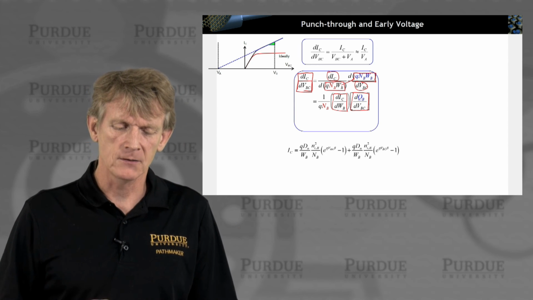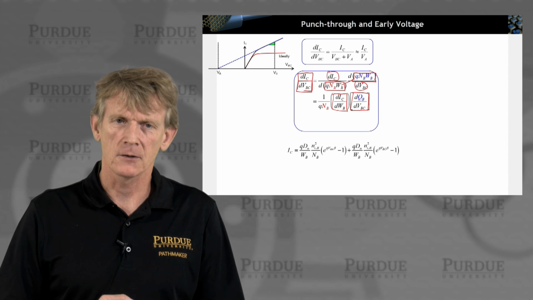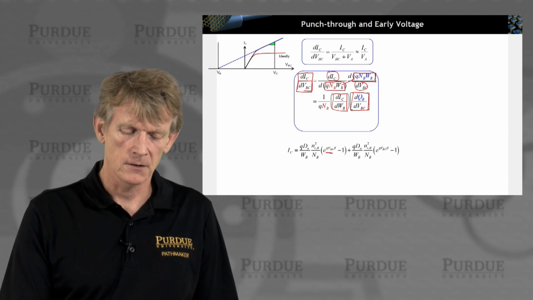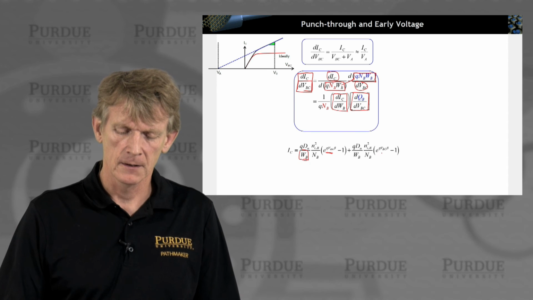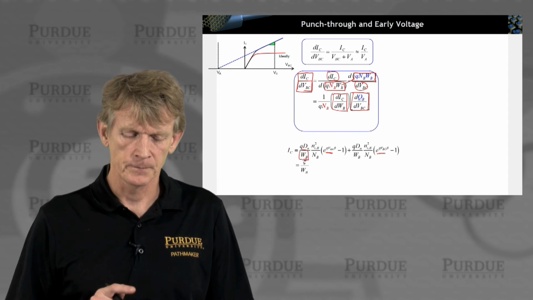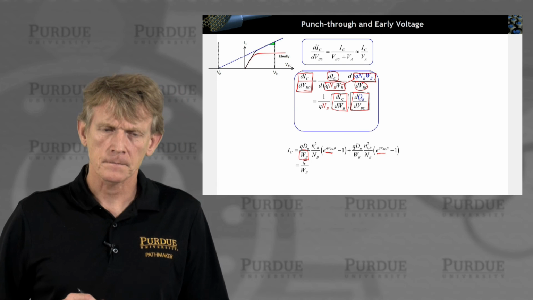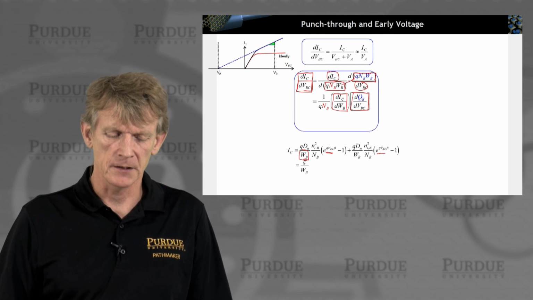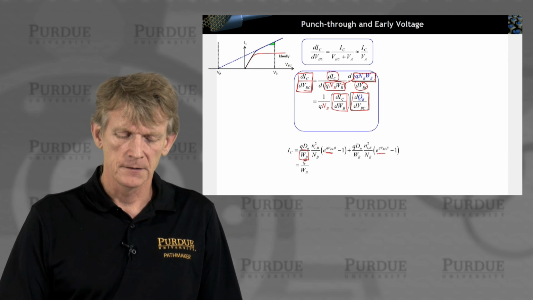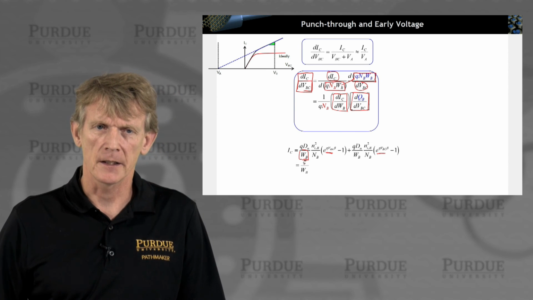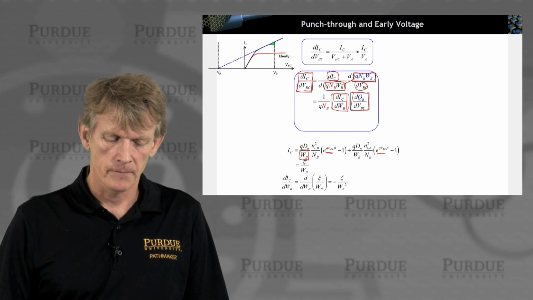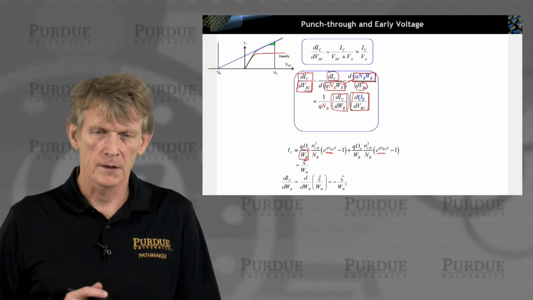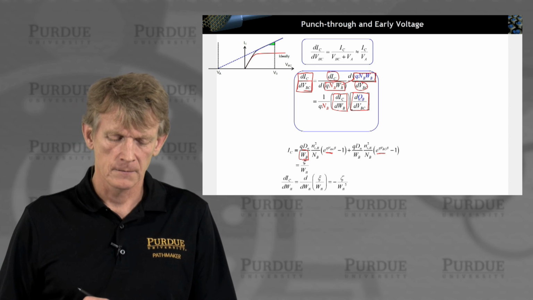So now I'm going back to my current that I had on the previous slide. Here's my forward bias current. Here's my electrical width. And here's the reverse bias. Let me, just for argument's sake, call this whole current expression some function divided by WB, the electrical width. Okay? And I'd like to differentiate that term with respect to the electrical width.